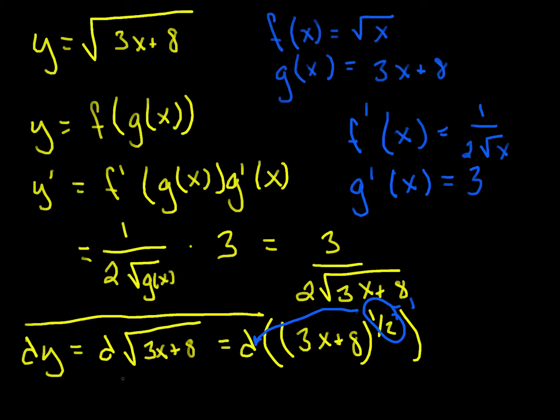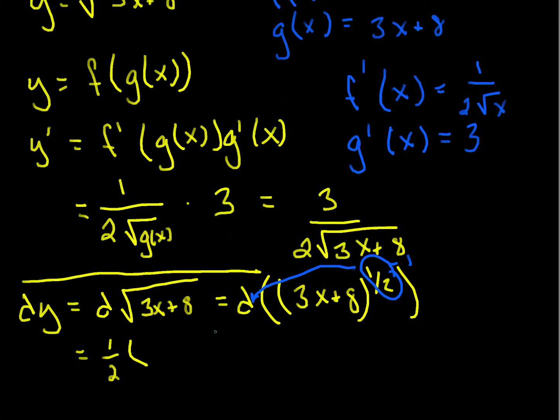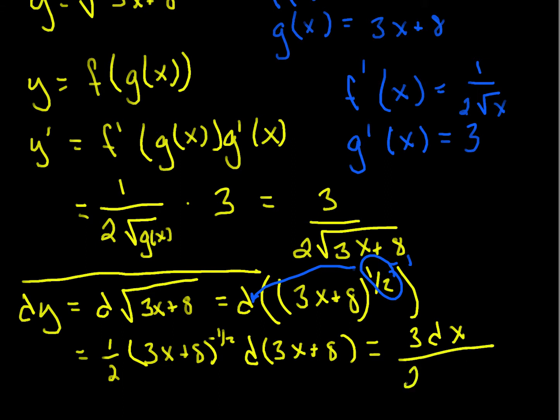So this is equal to 1/2 times 3x plus 8 raised to the minus 1/2. We still need our du, so d of 3x plus 8, which, I can bring that down, and the differential of 3x plus 8 is 3 dx, so this is 3 dx all over 2 square root of 3x plus 8.